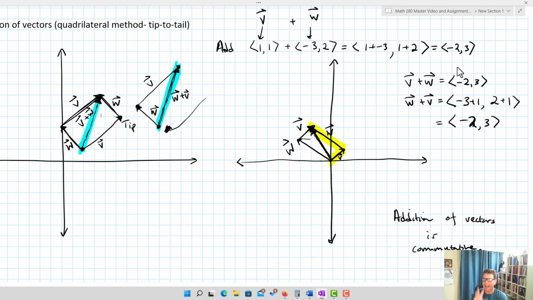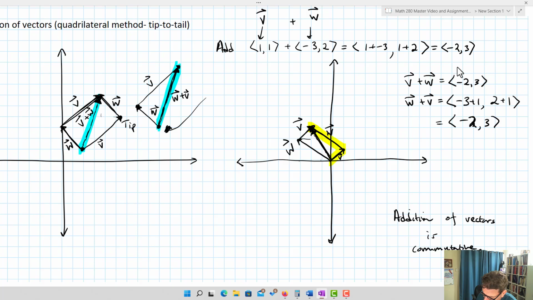Add component-wise, and that's probably the easiest way to do things when you're using these standard position vectors. By the way, you can do the same thing pretty much here too.